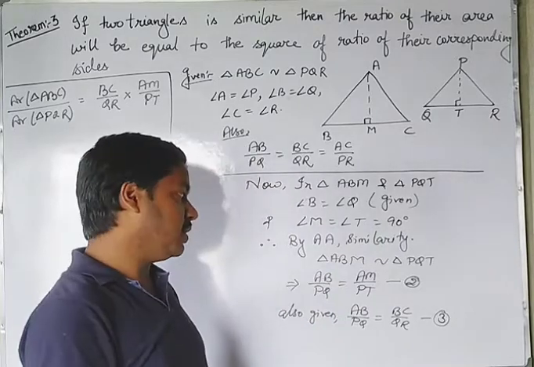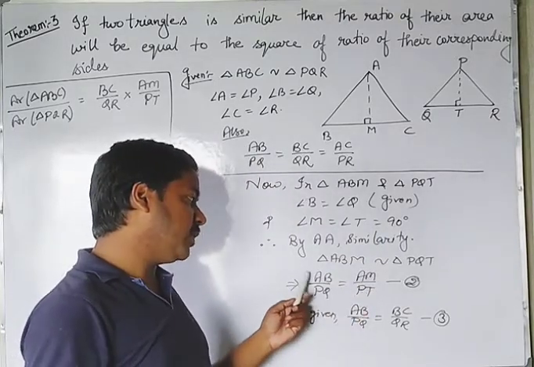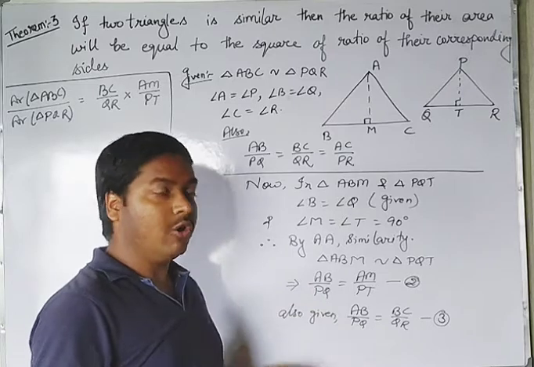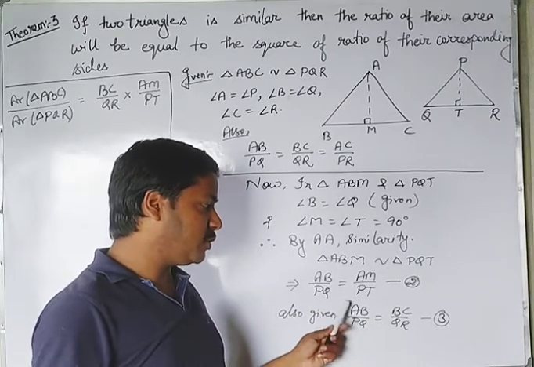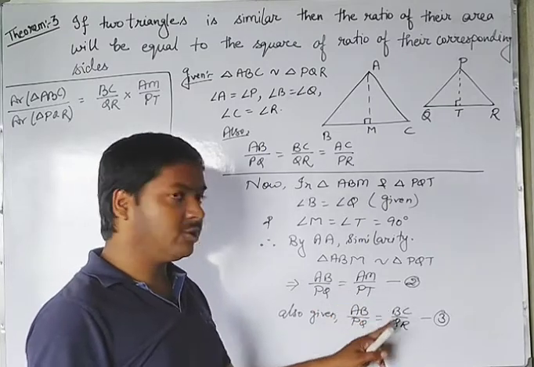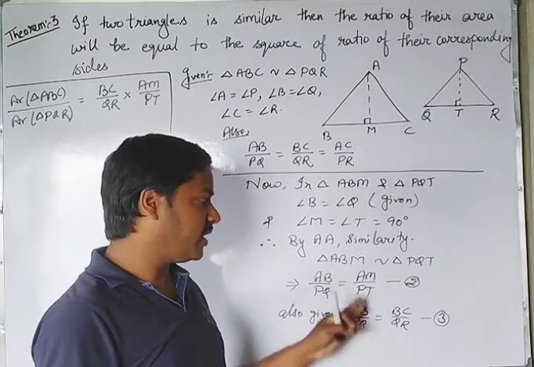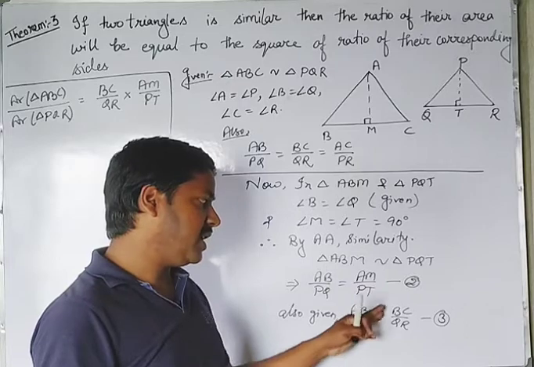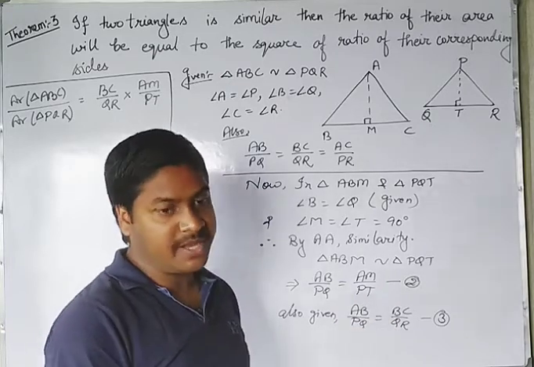Now, just see here, AM by PT is equal to AB by PQ. Also, BC by QR is equal to AB by PQ. It means AM by PT will be equal to BC by QR. So in place of AM by PT, we can write BC by QR.